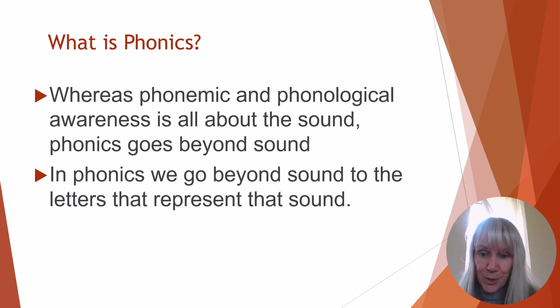But now, because we're moving on to phonics, we are going to learn all about the Latin alphabet, the alphabet used in the English language. And that alphabet consists of 26 letters that we're going to get to know very well. So phonics then goes beyond sound to the letters that represent each sound.